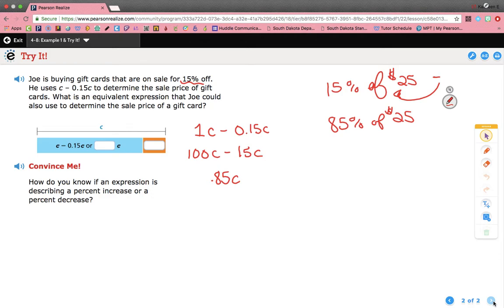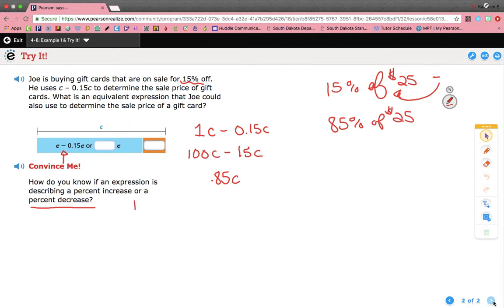So convince me, how do you know if an expression is describing a percent increase or a percent decrease? Oh my gosh, can you imagine all of this math relates to math that we're going to cover later? Okay, how do you know? Well, the subtraction sign is going to be a decrease.